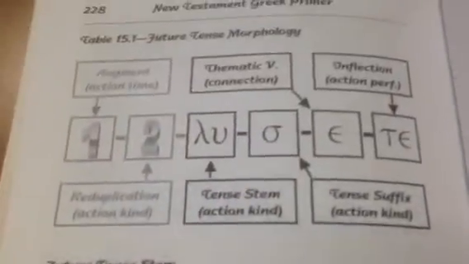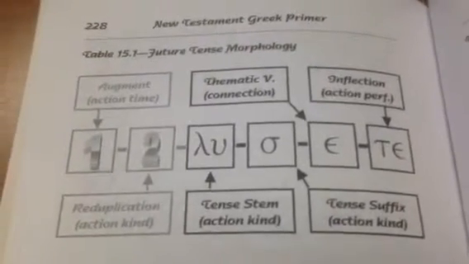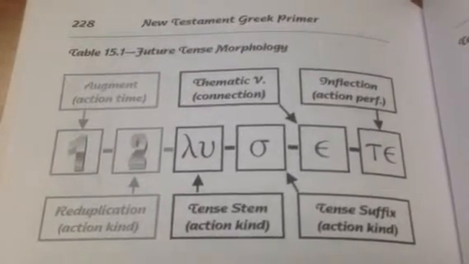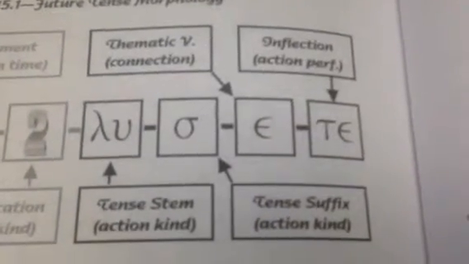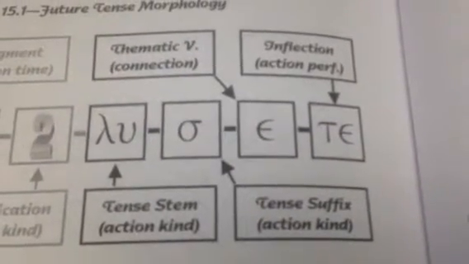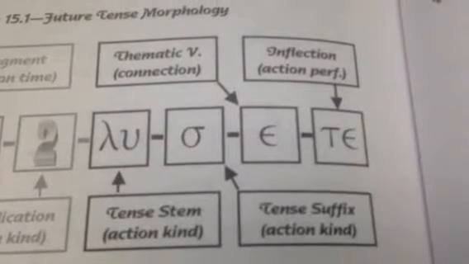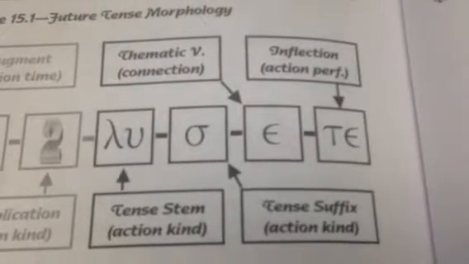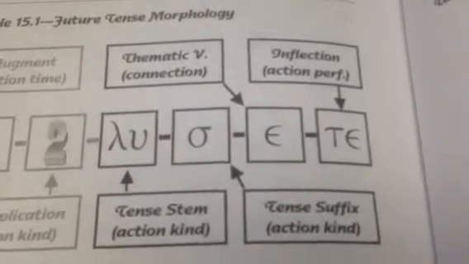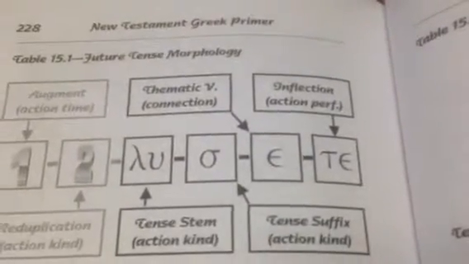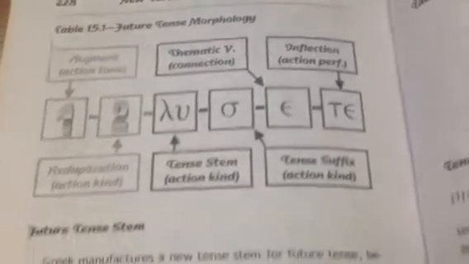So once again, in a thematic kind of form here, you see the tense morphology. We use the last 4 boxes here: the tense stem, a tense suffix, a thematic vowel, and then primary inflection. Here, primary endings for the inflection.